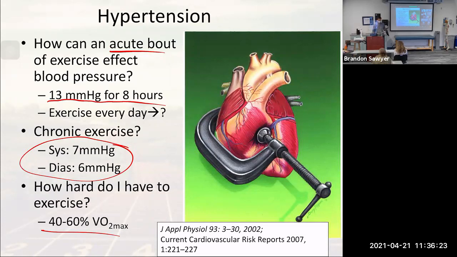But after a couple months of not exercising, it would most likely go back to where it was before. But weight is a big factor when it comes to blood pressure, so that could be another factor too. If they were able to lose some weight with whatever program they're doing, and keep that off even without the exercise, then they might maintain some of those blood pressure benefits a little bit longer, even if they weren't exercising.